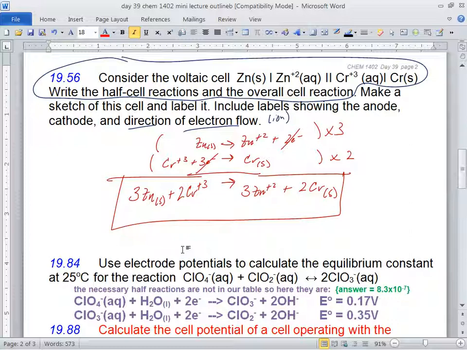In 84, they're looking for an equilibrium constant. Your table doesn't have the necessary half reactions, so I'm giving them to you. They want you to use those E zeros to get an equilibrium constant for that overall cell reaction.